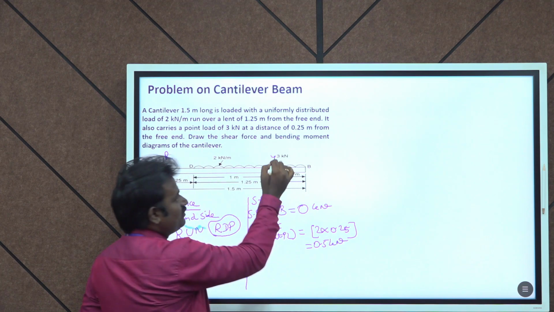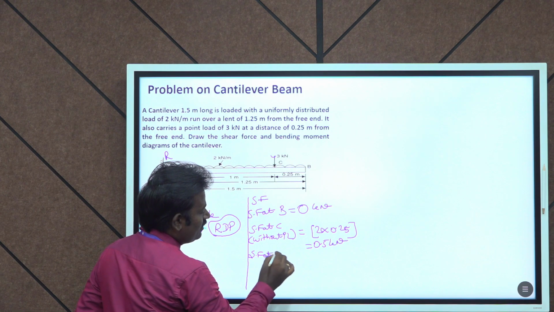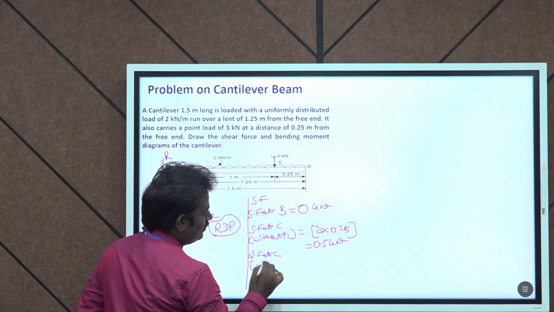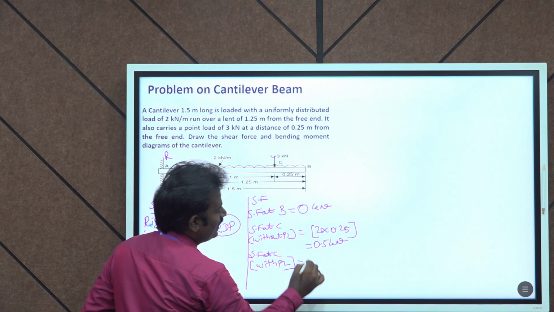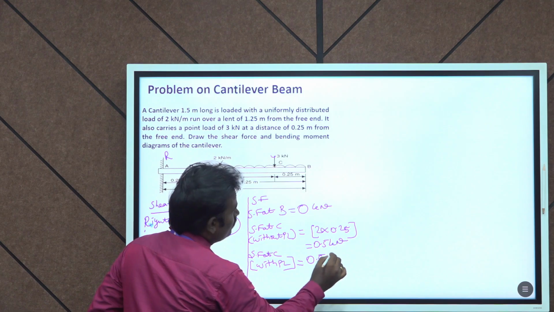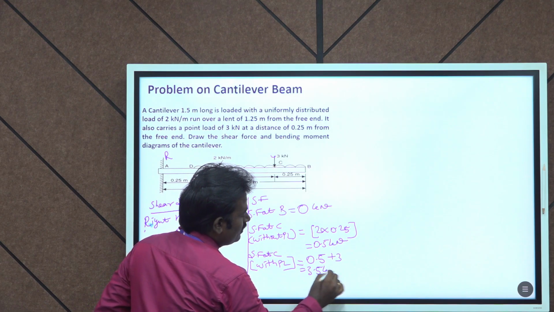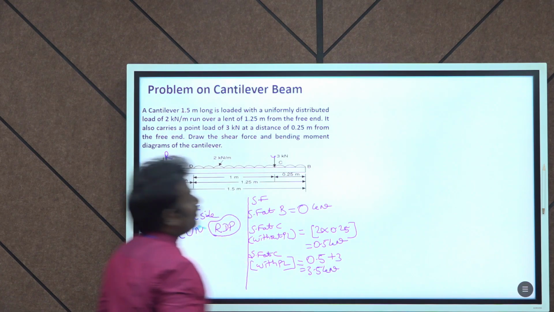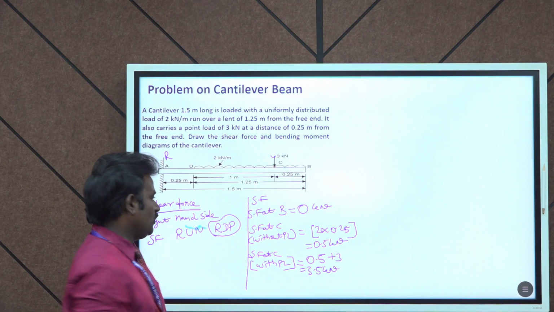Then SF at C with the point load means adding 0.5 and 3, so 3.5 kilonewton. This is the shear force acting at point C with and without the point load.